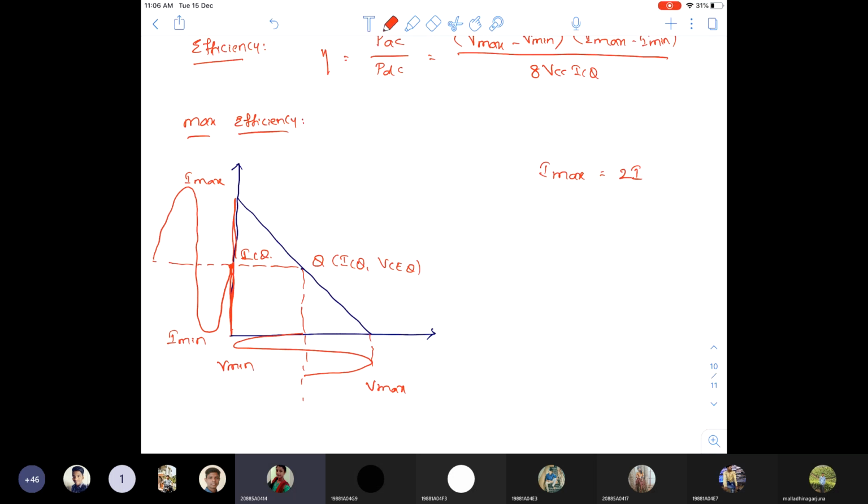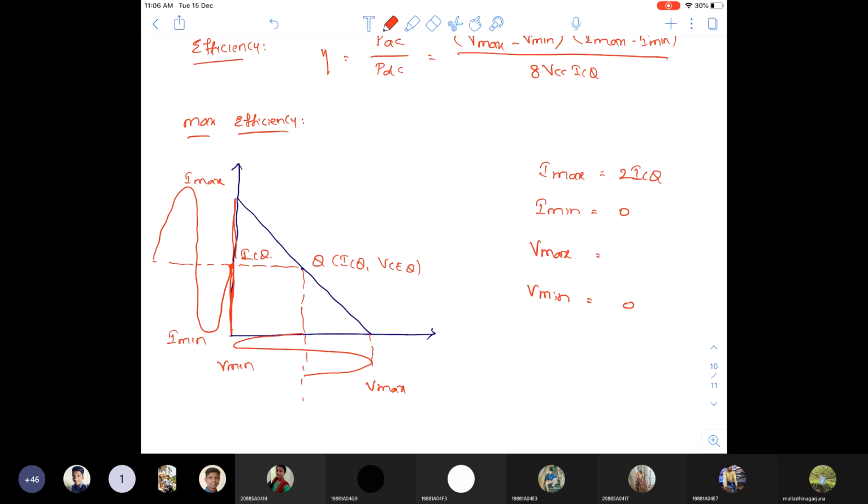I minimum is 0. V minimum is 0. So I max is 2 ICQ, same as before; I minimum same; V minimum same.